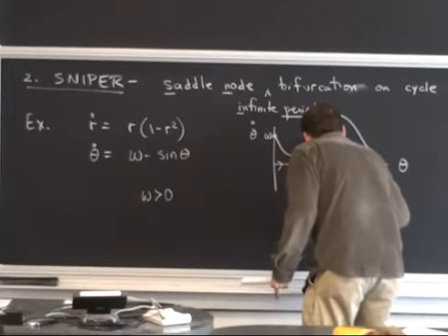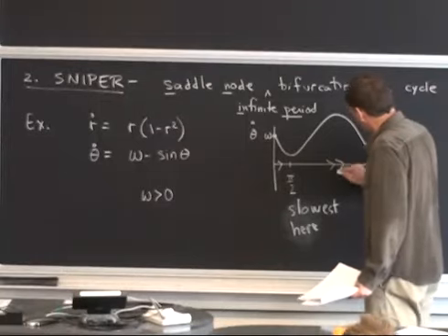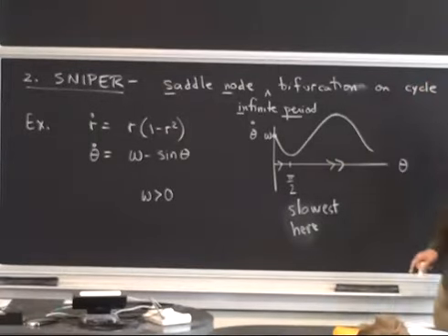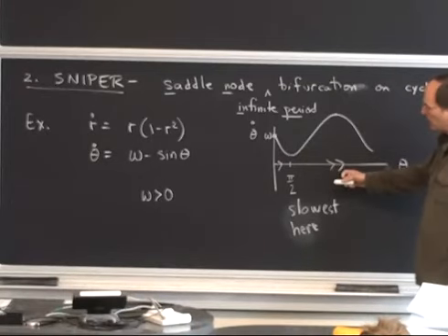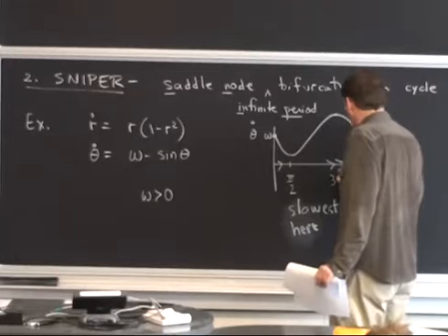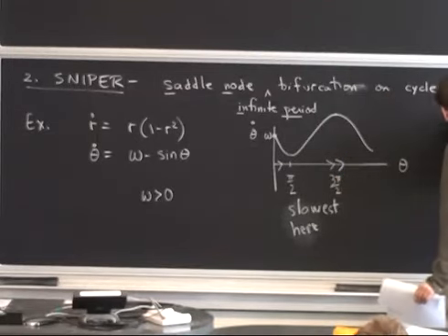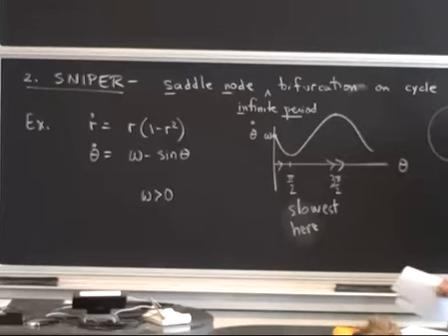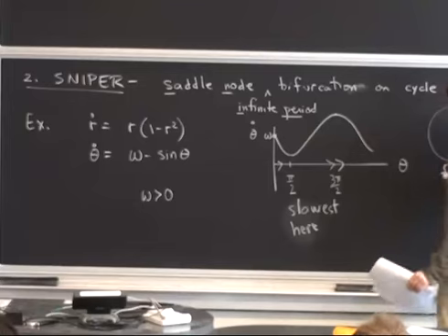It's really the slowest here. That is, we're moving to the right everywhere, but we're going pretty fast here. We're underneath a big high maximum in theta dot. So we're zipping around at, well, let's see, where would that be? So that's when we're subtracting negative 1. That is to say, this is at 3 pi over 2. So at a diametrically opposite point on the circle, that is, if we think of the flow actually on the circle, we're slow up here and we're fast down here.